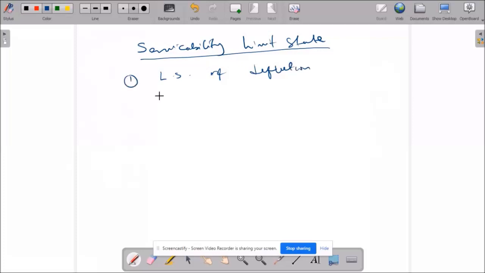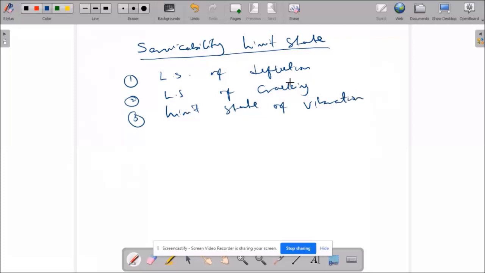Two, the limit state of cracking. Three, the limit state of vibration. So these are three serviceability limit states we need to consider.